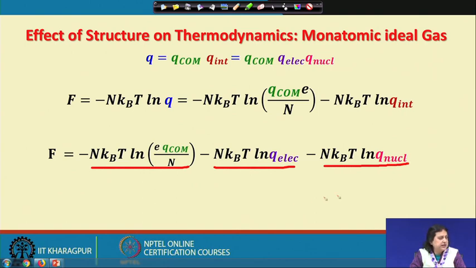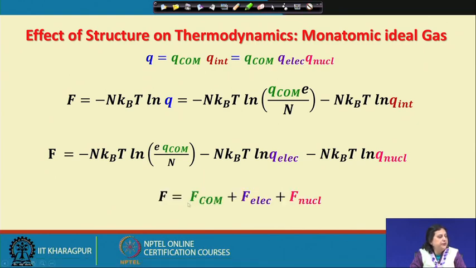Now, in each case I associate one free energy function, and in that case I should be able to write down an equation like this. So, what I am doing here is relating this F, the contribution of the center of mass to the overall Helmholtz free energy, to this factor.